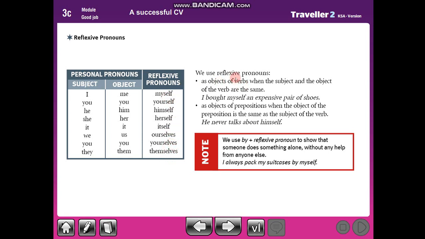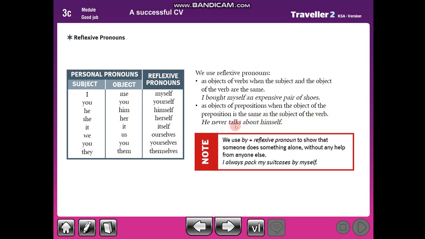We use reflexive pronouns as object of verbs when the subject and the object of the verb are the same. For example, I bought myself an expensive pair of shoes. Or as objects of prepositions when the object of the preposition is the same as the subject of the verb.